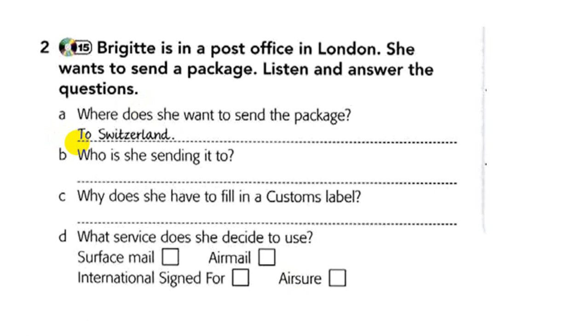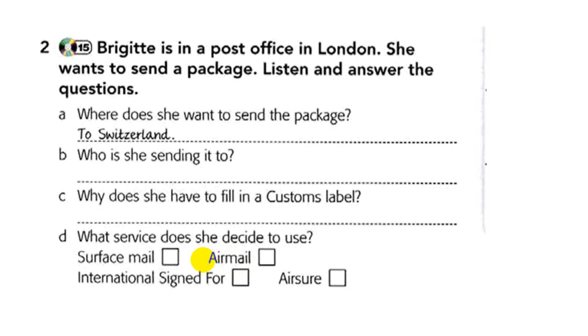Recording 15. Hello, I'd like to send this package to Switzerland. Can you put it on the scales, please? Okay, so that's about 1.3. That'll be £5.28 by surface mail. It should be there in under 2 weeks. What's in it anyway? A present? No, some brochures and 10 promotional DVDs. It's for a colleague. How long will it take by airmail? Airmail will take days. I'll just check the price.